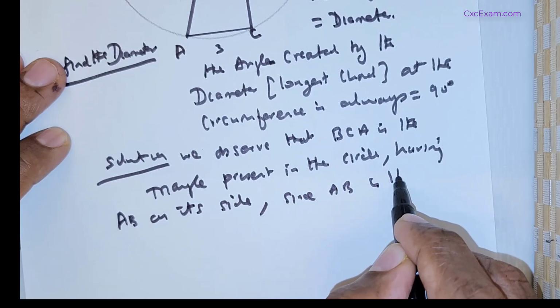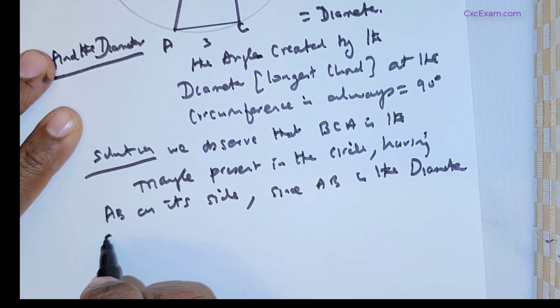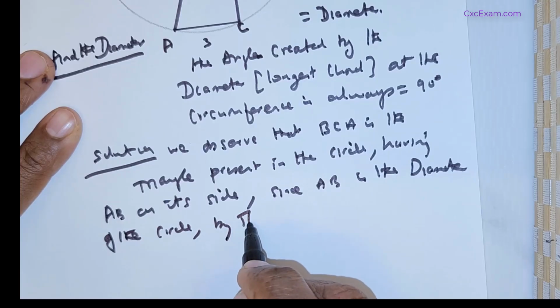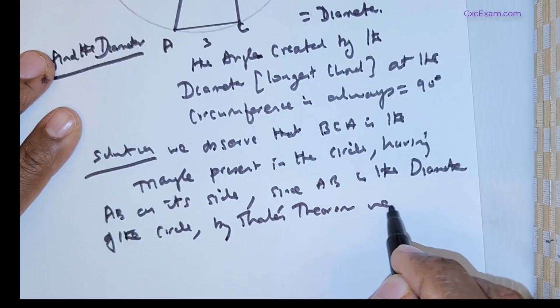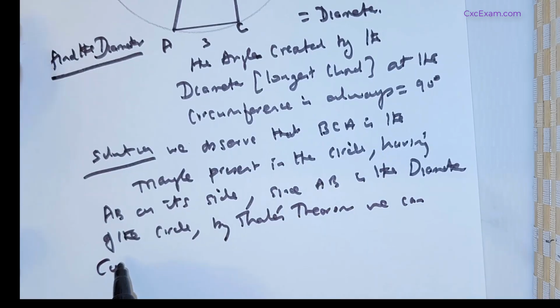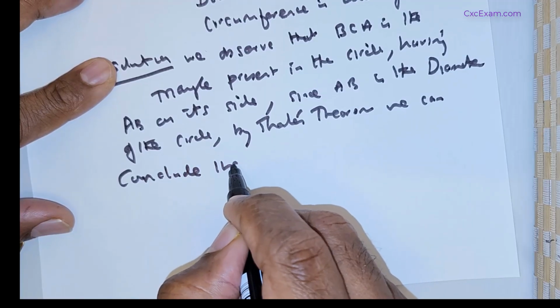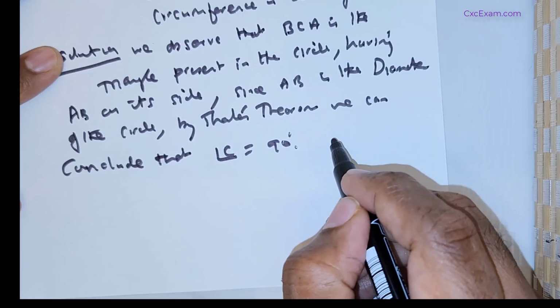Since AB is the diameter of the circle, by Thales theorem we can conclude that angle C should be equal to 90 degrees.